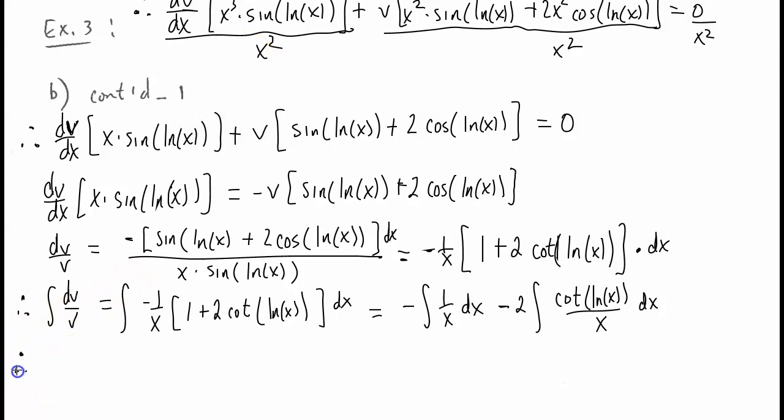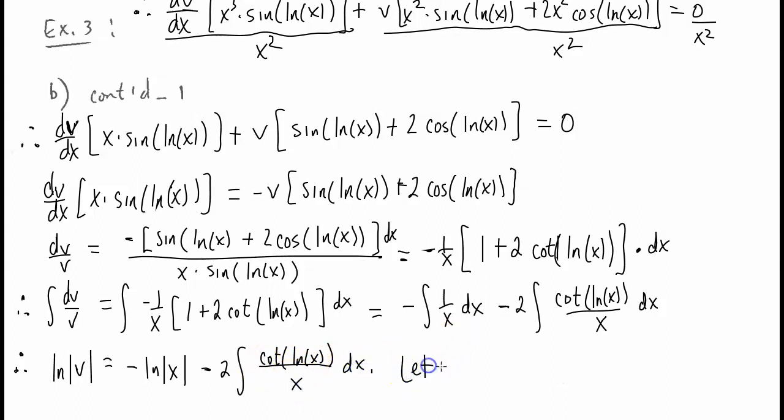So we'll have, on the left side here, natural log of absolute value of v. Of course, we'll skip this part and just go here. This will be minus natural log of absolute value of x minus 2 times integral of cotangent of natural log of x over this, and then we'll say let theta equal natural log of x. Then we know that d theta will be 1 over x dx.